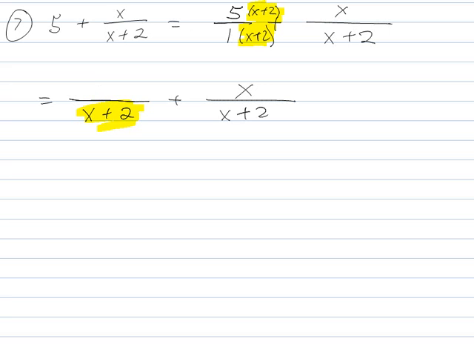So 5 times x plus 2. If I distribute the 5, I get 5x plus 10 plus x. So 5x plus 10 plus x would be 6x plus 10 divided by x plus 2. I don't think that there's much I can do here. If I factor out a 2, I get 3x plus 5.